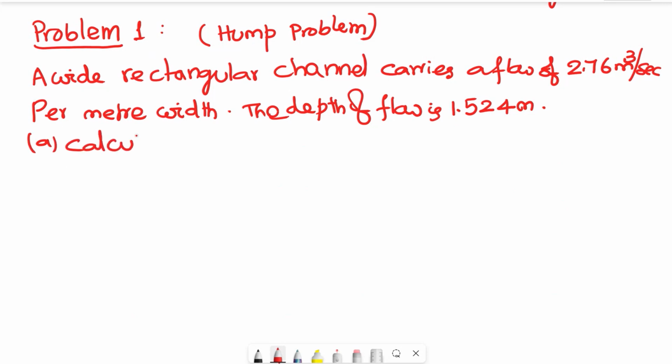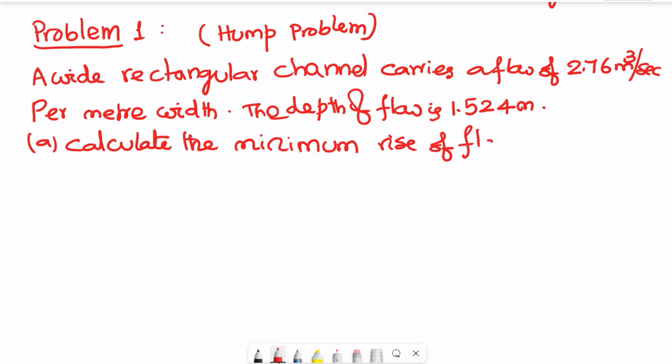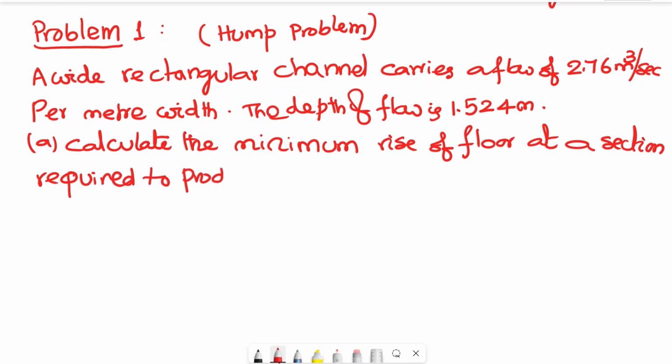Calculate the minimum rise of floor at a section required to produce critical flow conditions.